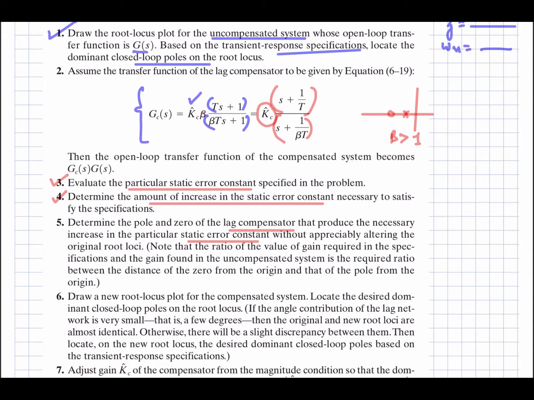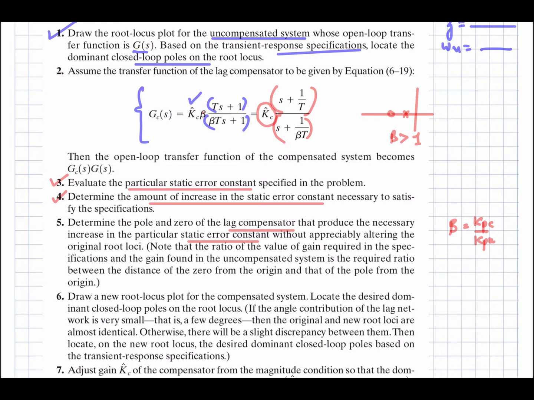The original root locus should not be changed, only the steady state error should be improved. For that, beta is equal to the ratio of the constant after compensation and before compensation, that is Kp compensated divided by Kp uncompensated, equal to beta.